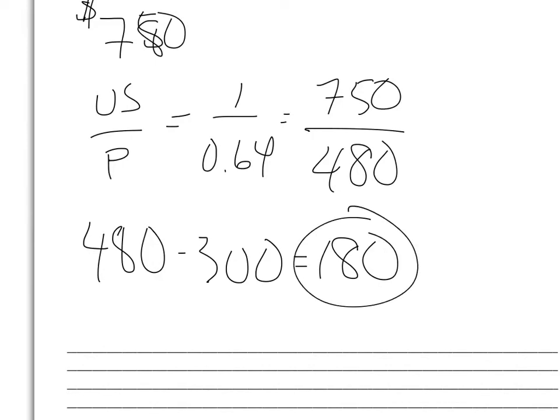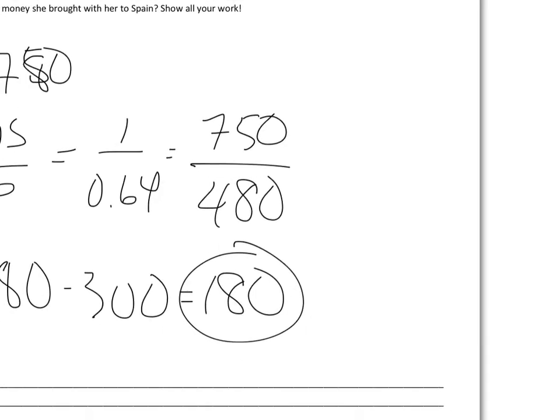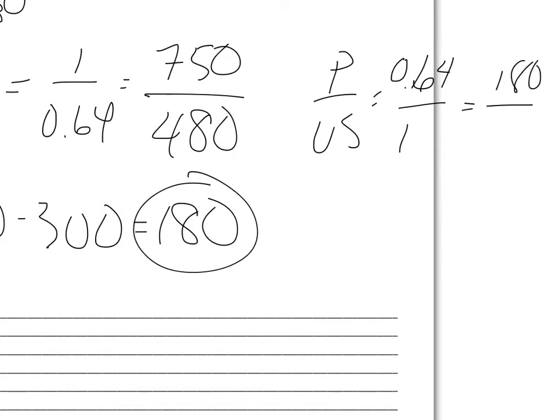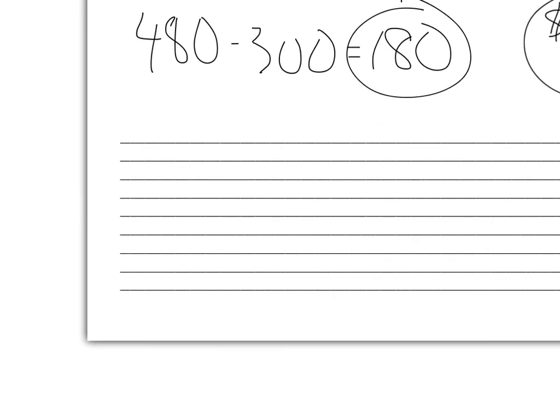So she has 180 pounds left. Now the question asks, how many US dollars does she have left? Well, then you have to reconvert it to pounds over US dollars. We know that 1 US dollar equals 0.64 pounds. She has 180 pounds. How many US dollars is that? She has 281.25 US dollars.